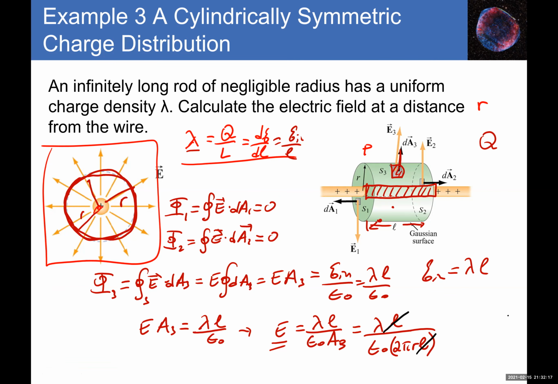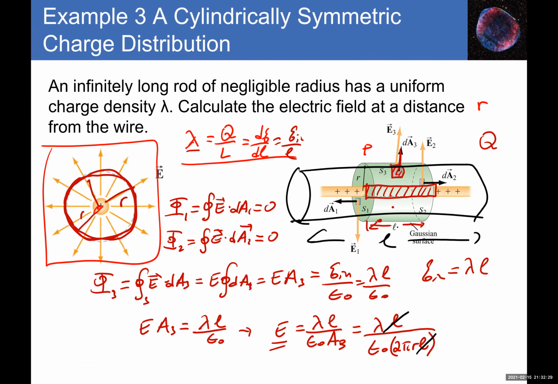I can choose any size of imaginary surface and still get the same expression. The length can never be part of the actual electric field calculation. That means the electric field ends up being lambda over 2 pi epsilon naught times r.